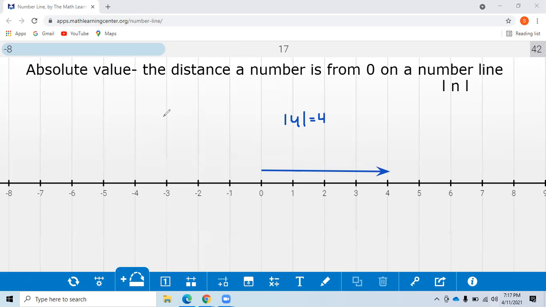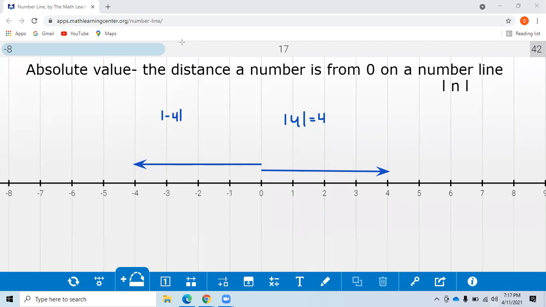What about if we have the absolute value of -4? Well, again, we can look at that on the number line and see, as we draw our arrow, that it is 1, 2, 3, 4 units away from 0.